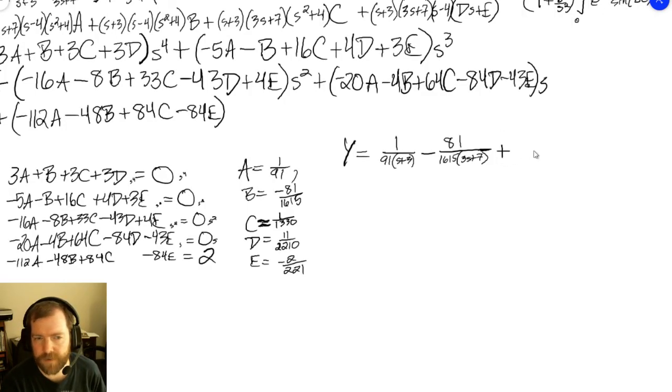C is a positive 1 over 1330 times (s minus 4). Again, we're hoping that's the constant for it.